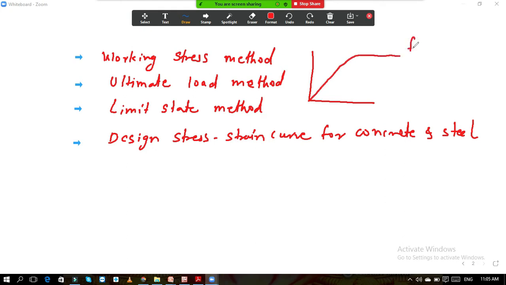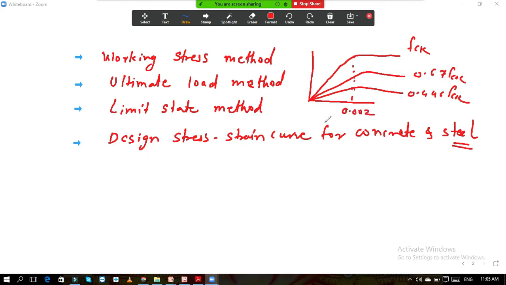This is your FCK graph, then below this is your 0.67 FCK graph, and below this is your 0.446 FCK. This we have already studied. Same for the steel. We know that at this level it becomes a straight line. This is the 0.002 strain level. Same we have studied for the steel also.